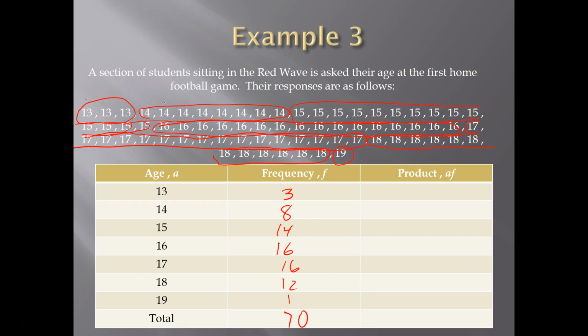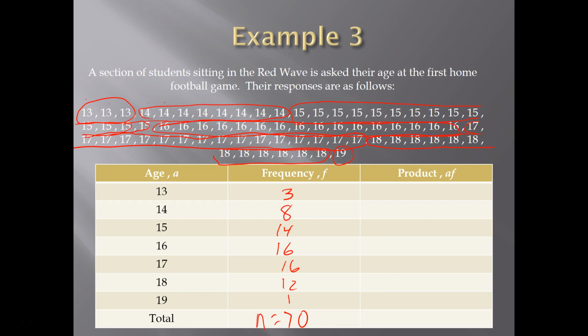If you count all the way to 70, chances are you'll forget where you are and count the same number twice or skip a number. So a frequency table makes it very easy to see your N, your total number of data values. That's just one of the many useful things that a frequency distribution does for us.